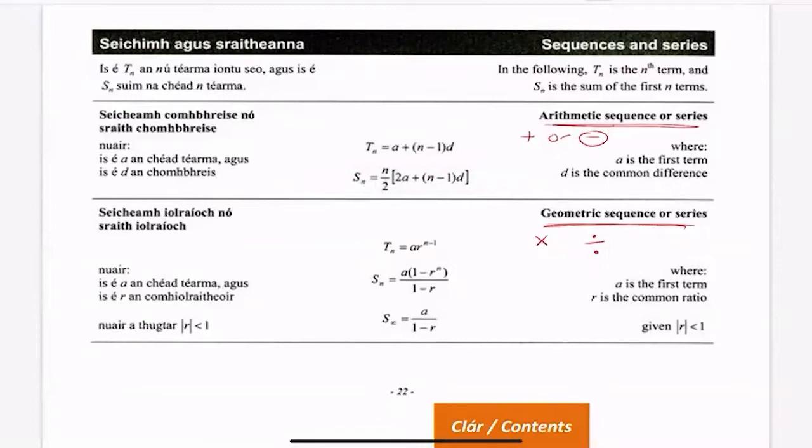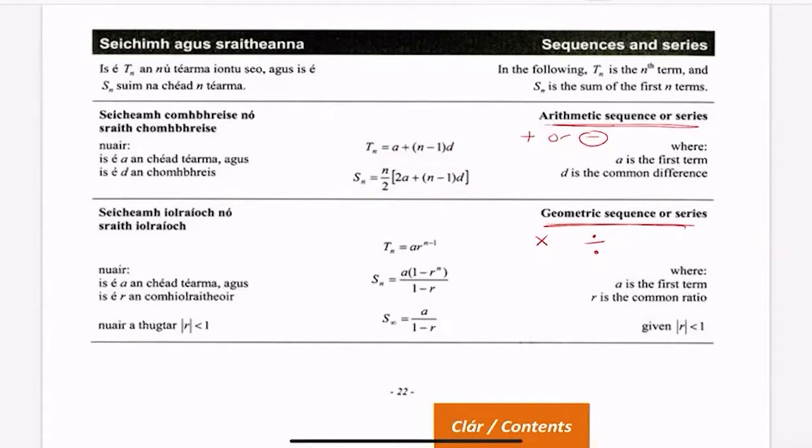What goes into these formulas? Well, you have to use the first term in the sequence, A, and you have to use what's called the common difference. The common difference is what you're adding or subtracting to each term to get the next one. So each formula is made up of A, the first term in the sequence, and d, the common difference of that sequence. Each Tn or Sn formula is unique to that particular sequence.